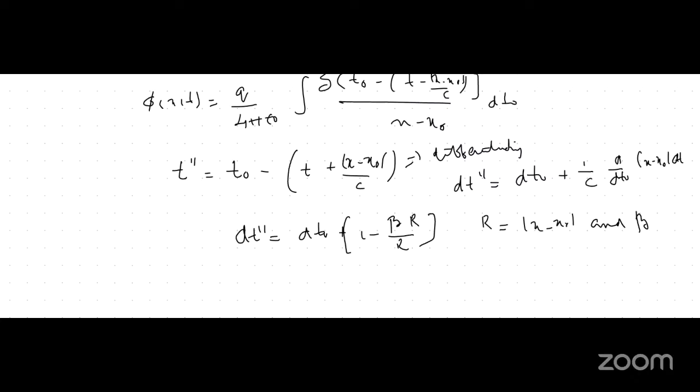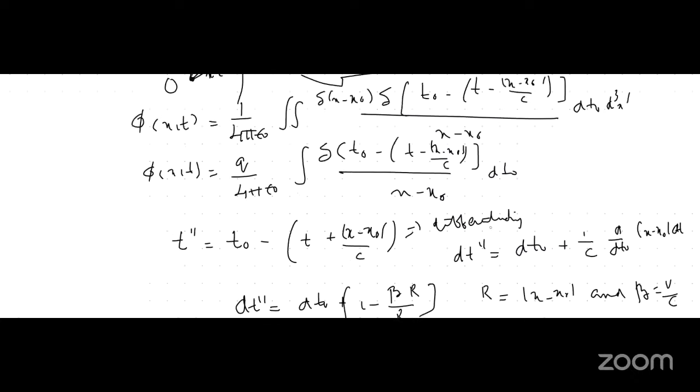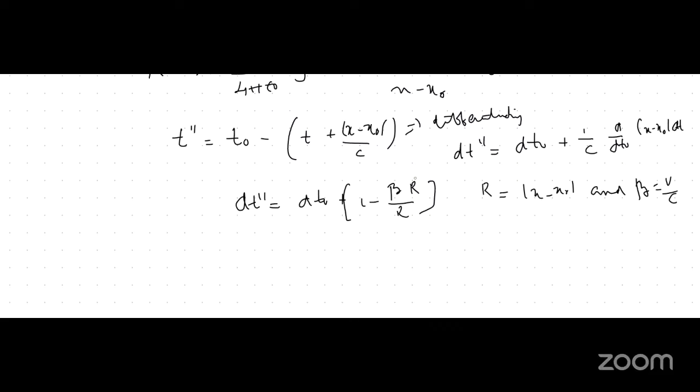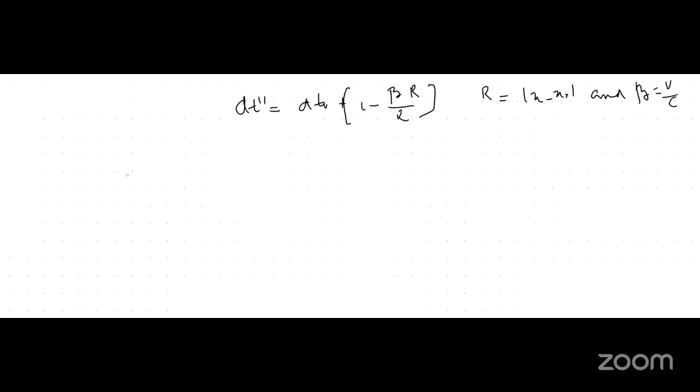So by using this equation, dt double dash, we will substitute in the phi equation, that is phi of x comma t.